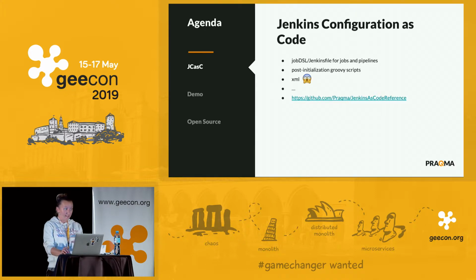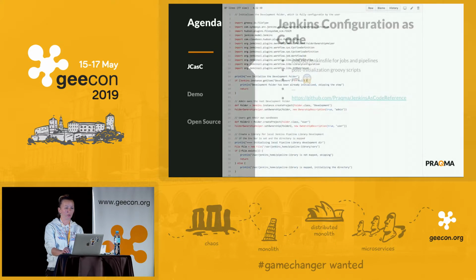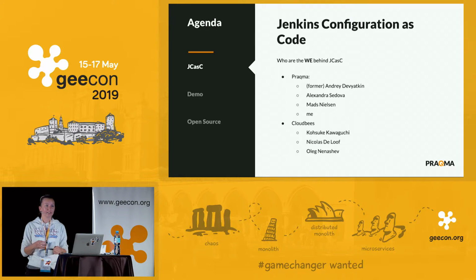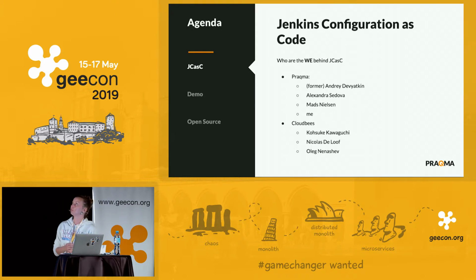So I really liked this solution. I was happy that I finally don't have to take any screenshots, but I've seen there is a field for improvement. So I've decided I want to do something with it, and I wasn't alone. There were a number of people from Pragma, and they are not all listed here, but they had the biggest impact.